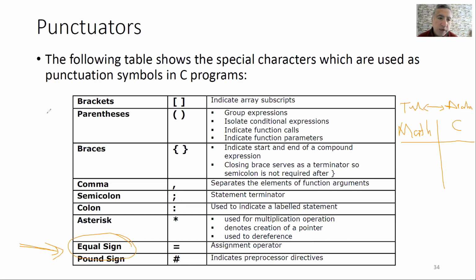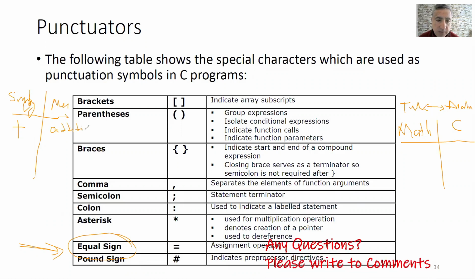For that, I would like to explain something: the symbol and meaning. For example, the symbol is a plus. What could be the meaning of plus? It could mean addition, or summation.